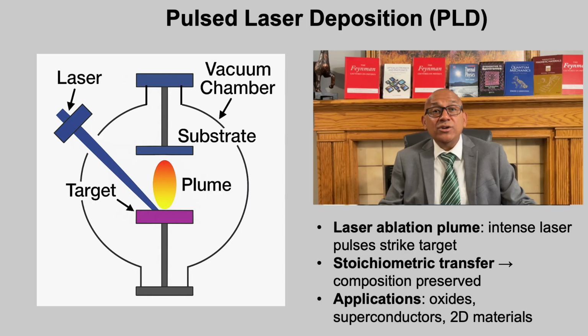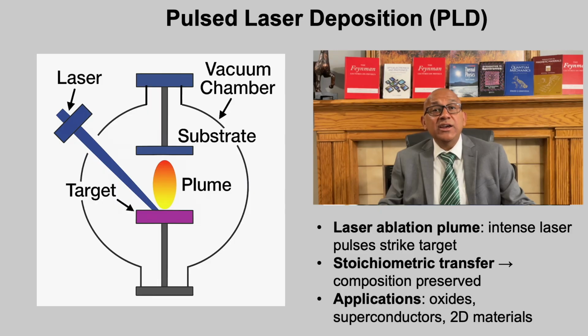The composition of the complex targets, such as oxides or superconductors, is often preserved in the deposited thin films. This makes PLD especially valuable for growing multi-component materials that are difficult to synthesize by evaporation or sputtering. PLD has become a powerful research tool for preparing thin films of oxides, high-temperature superconductors, and even emerging 2D materials like molybdenum disulfide.